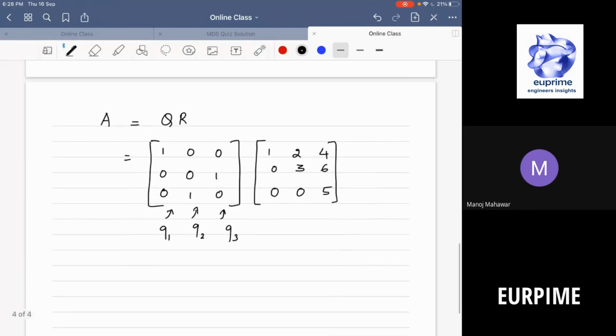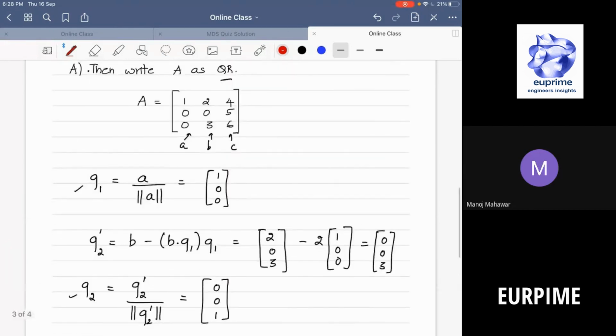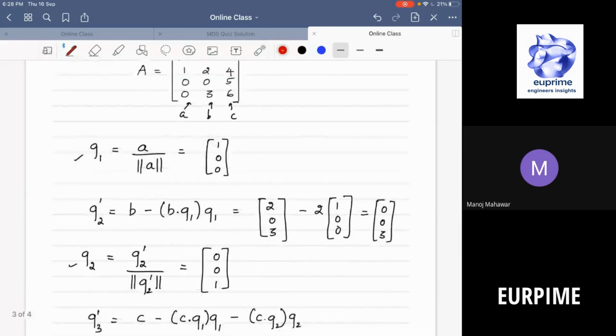I hope you all understood how we get this matrix R. This is the value for A, this is the value for B, and this is the value for C, which you get by back substitution. A you will get directly from the first equation, which is nothing but A is 1 times q1, because this length is 1.